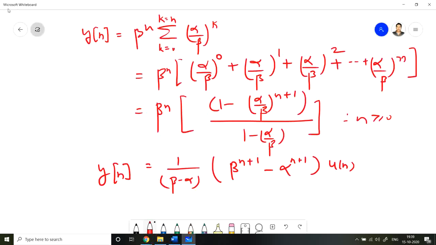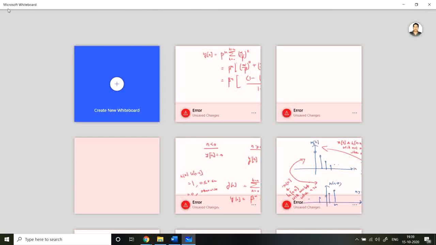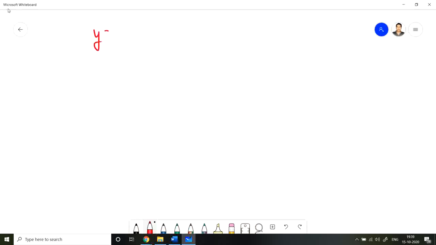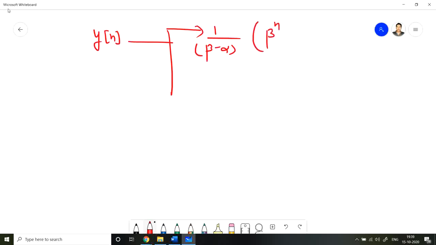Now we can summarize this. y[n] is equal to 1 divided by beta minus alpha, times beta raised to the power n plus 1 minus alpha raised to the power n plus 1, into u[n], when we have alpha not equal to beta.